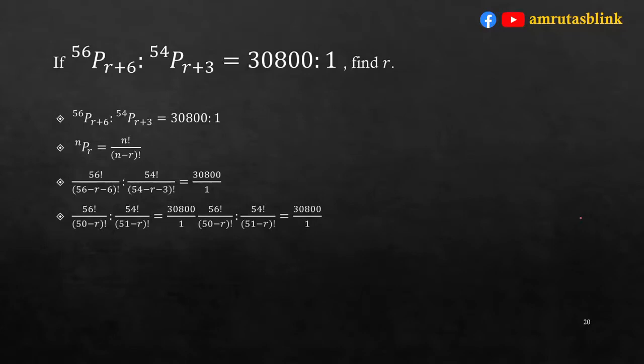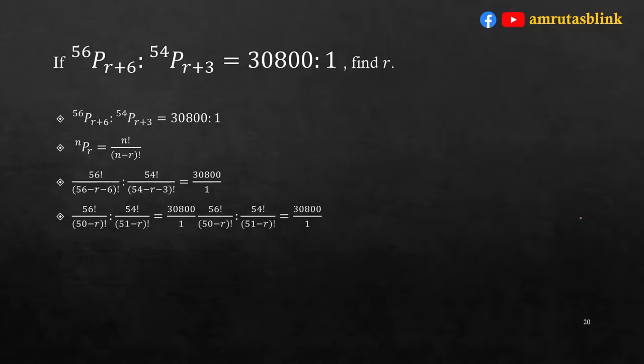We'll simplify this step: 56 factorial upon (50-r) factorial is to 54 factorial upon (51-r) factorial is equal to 30,800 upon 1.